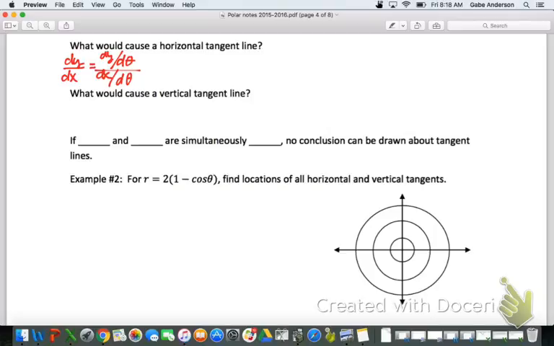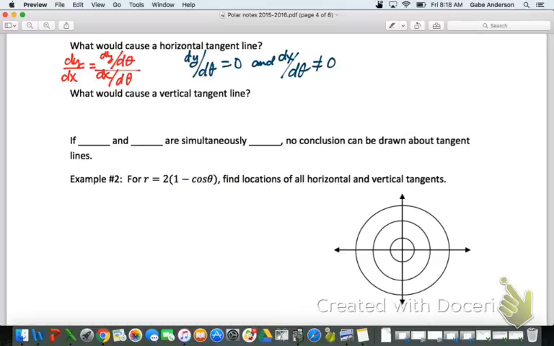To answer the question right there, what would cause a horizontal tangent line is if dy d theta equals 0 and dx d theta does not. Okay, so if dy d theta equals 0, but dx d theta does not equal 0, then wherever that angle is, wherever that direction is that you're pointing, you should have a horizontal tangent line at that spot.